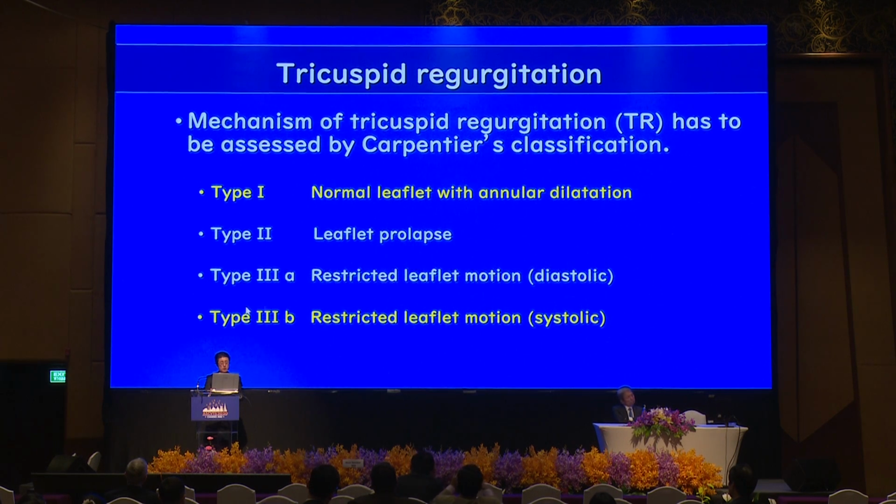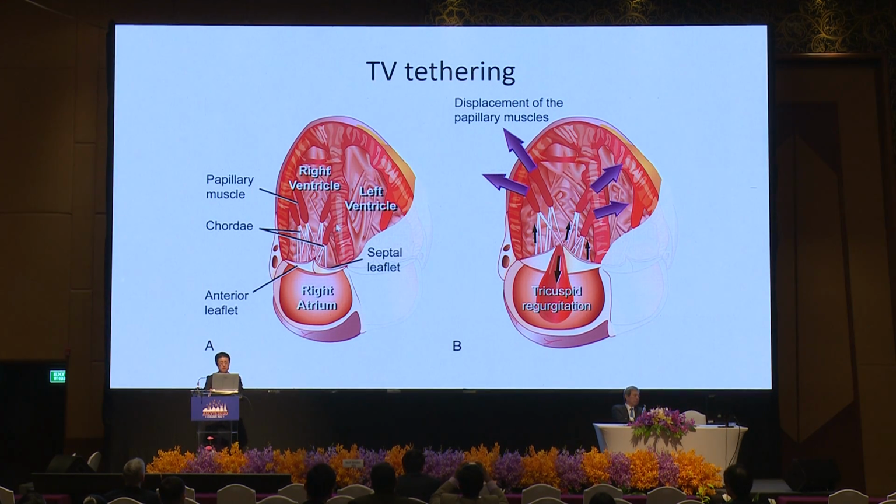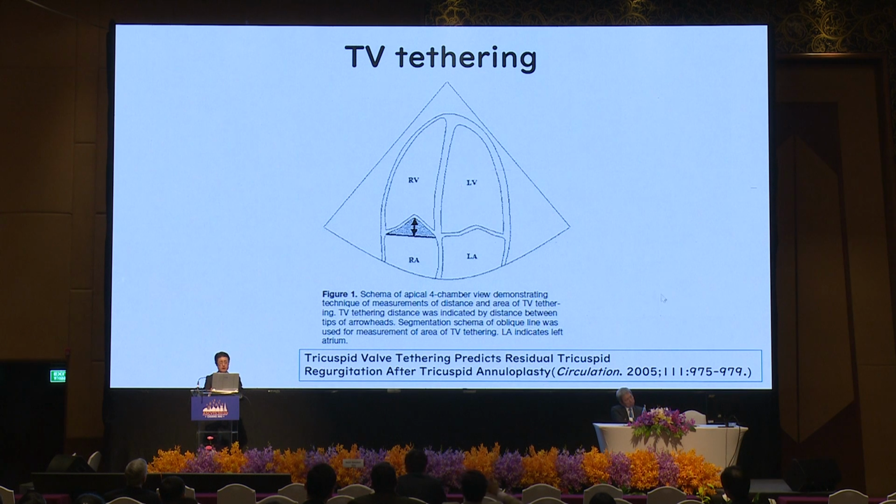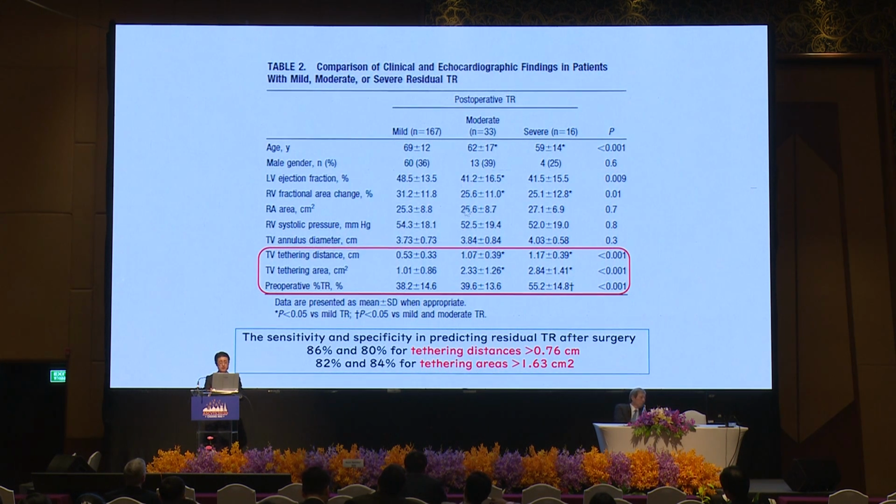The second issue was how to manage the type 3B mechanism. When the right atrium and right ventricle dilate, leaflet tethering occurs. The Cleveland group showed that the tethering distance and the tethering area are very strong predictors for residual TR.